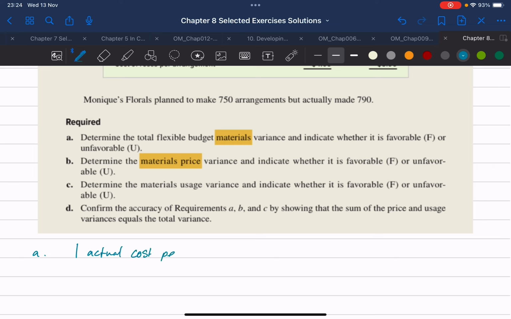cost per unit and the standard cost per unit multiplied by the actual units.